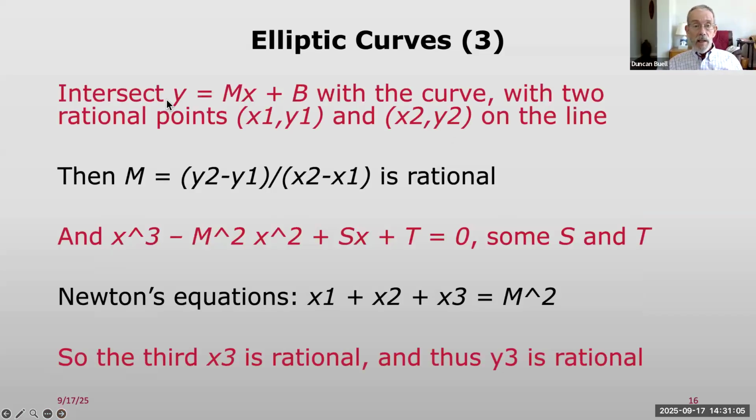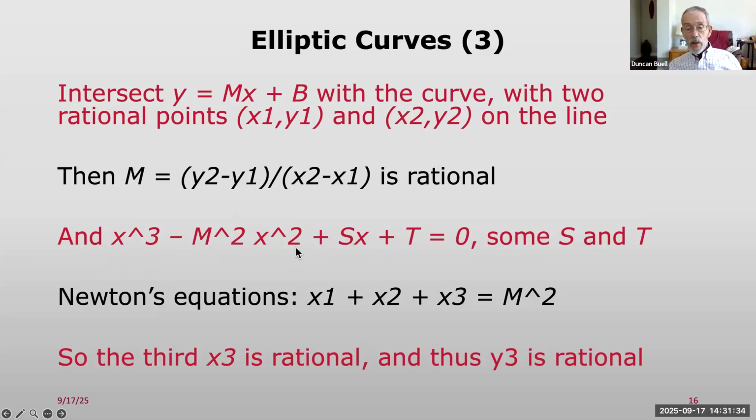So if you intersect a straight line with the curve and you have 2 rational points on the line, then the slope, delta y over delta x, is rational, and you can stick that in and you get a cubic, x cubed minus m squared x squared plus sx plus t equals 0, for some values of s and t, fairly complicated.